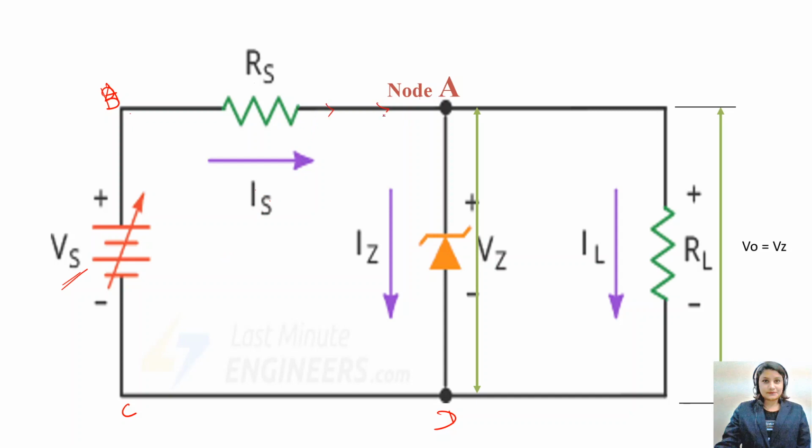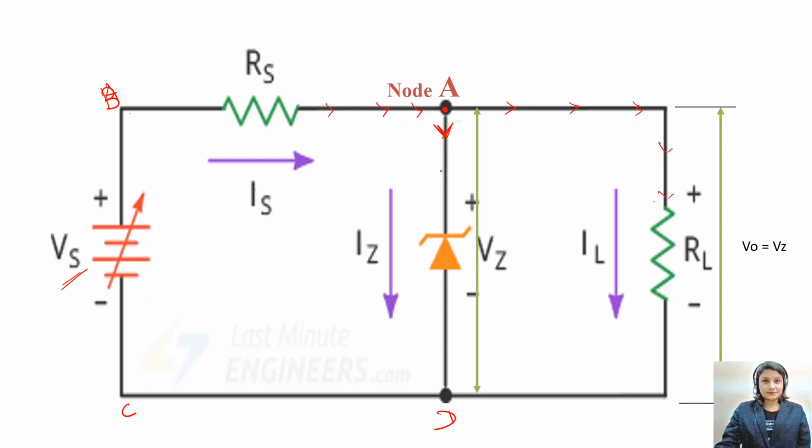The source current at this point A will be divided: the current will flow through the Zener diode, and the current will flow through the load resistance. At this node A, the current will get divided in Zener diode and in load resistance.